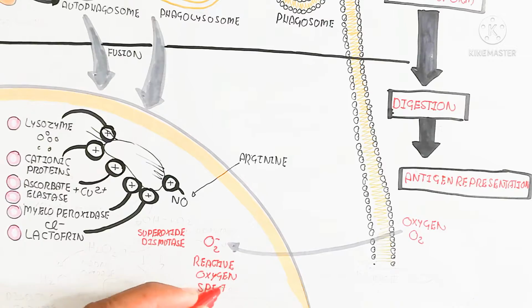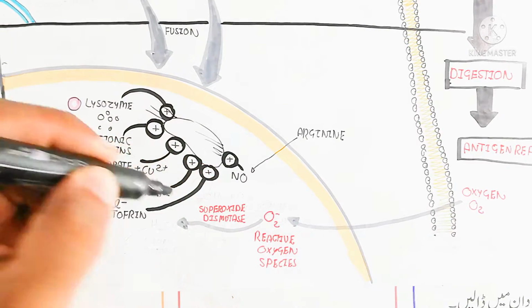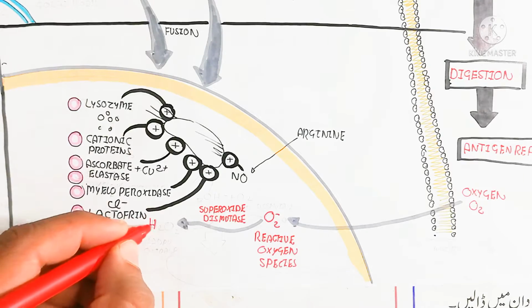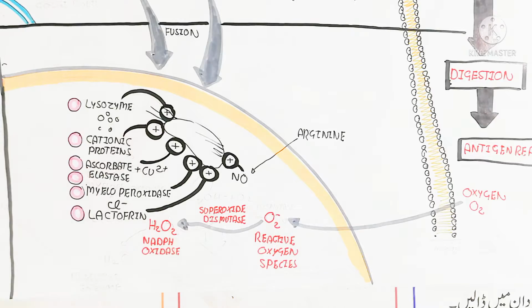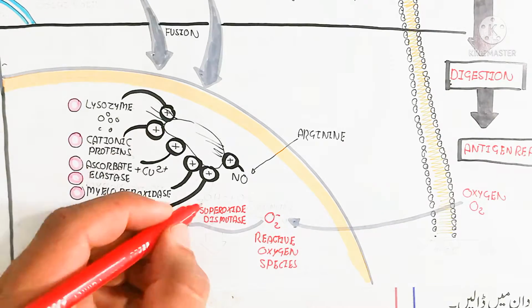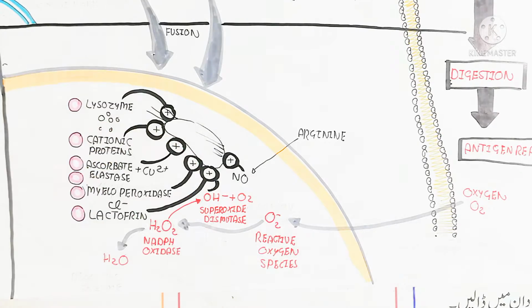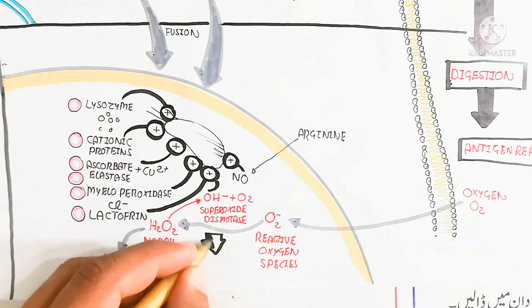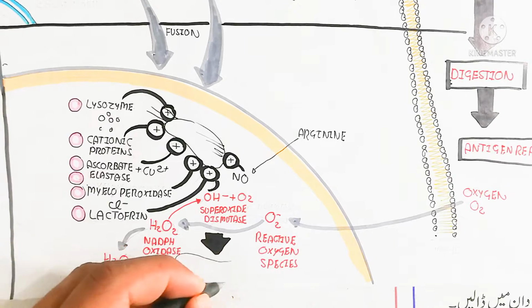The superoxide, after accepting an electron, in the presence of superoxide dismutase and NADPH oxidase enzyme, is converted to produce hydrogen peroxide. In this way, the hydrogen peroxide separates into water, the hydroxyl free radical, and oxygen.